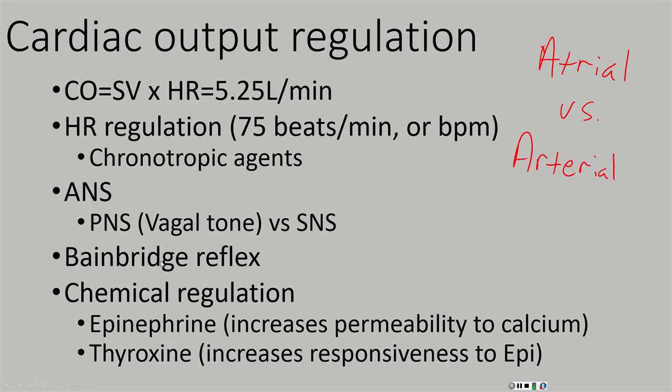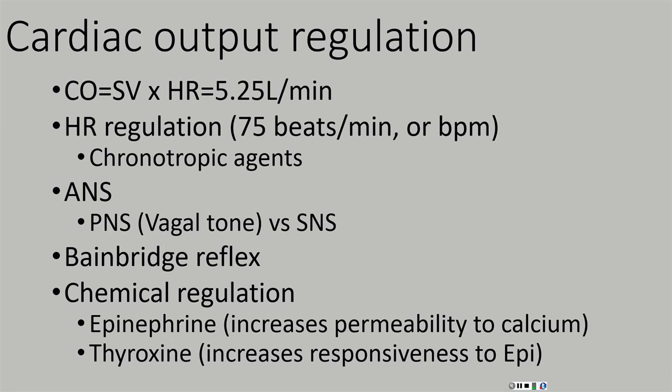Going back over here to the Bainbridge reflex. The Bainbridge reflex is also called the atrial stretch reflex. Now, in lab, when we meet in person, this is kind of demonstrated. Now, in an online class, we may not be meeting in person for lab, so we might not get a chance to demonstrate this for this particular class.